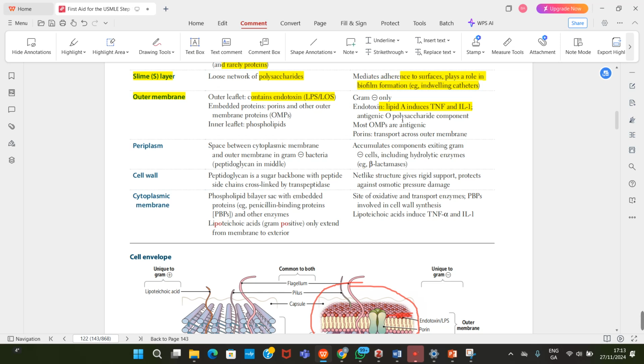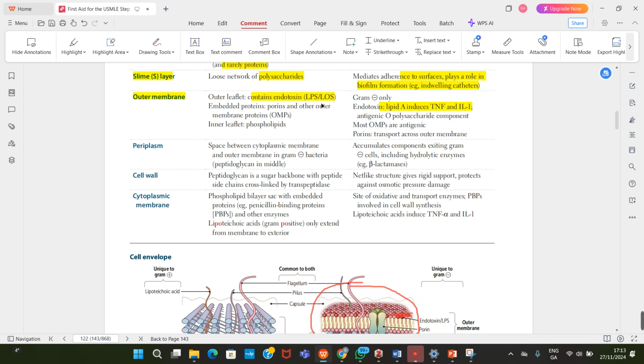Lipid A is very, very important, because lipid A is the reason why gram-negative organisms can cause septic shock, or endotoxic shock. How?